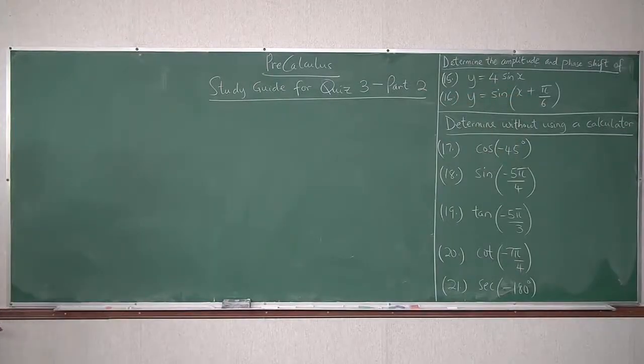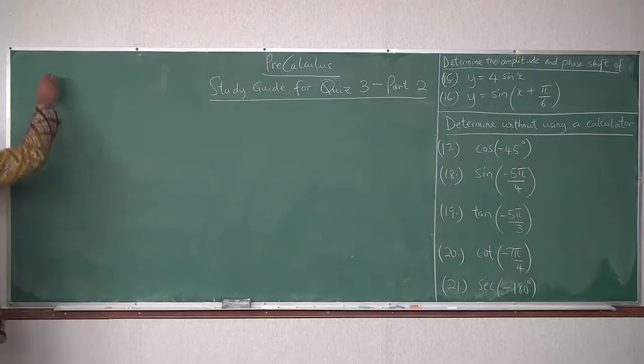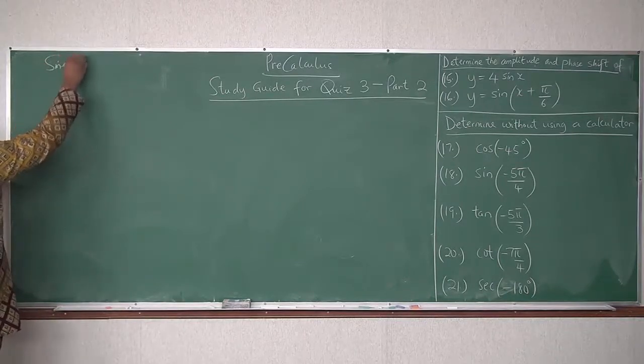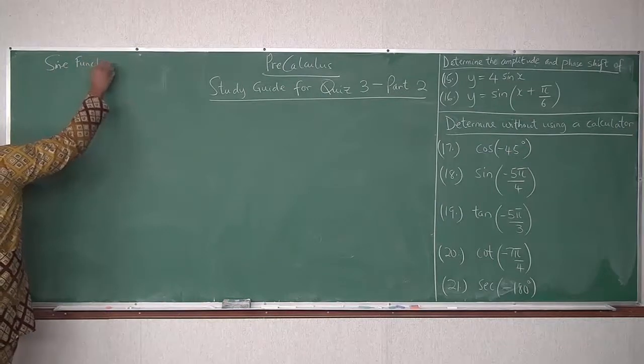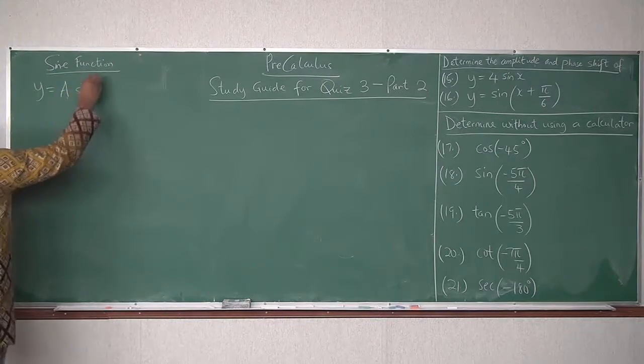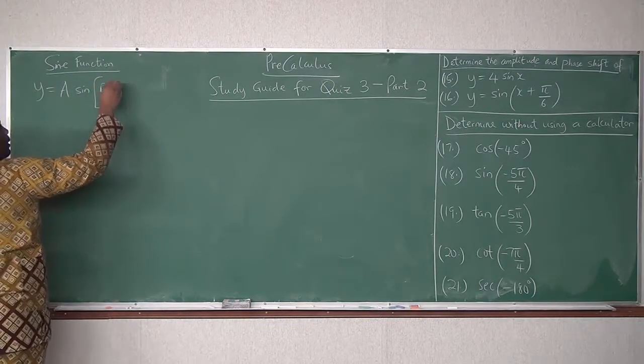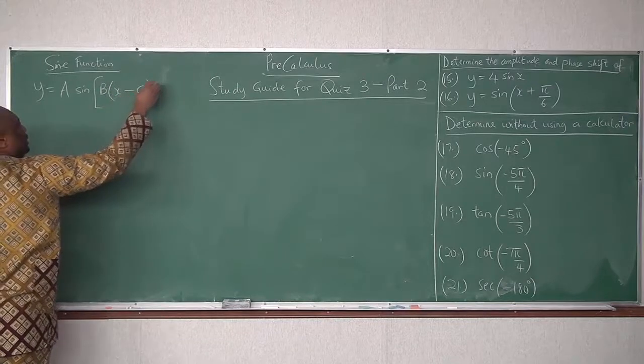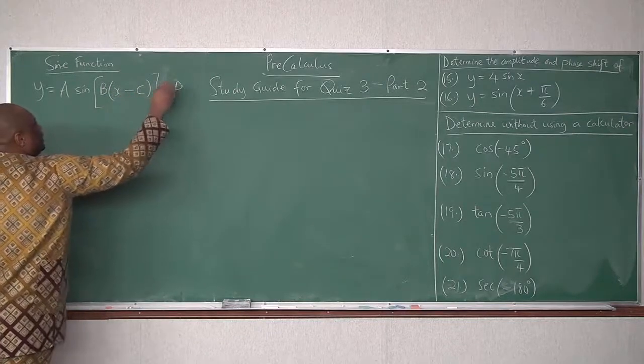All right, let's do question 15. Let's look at the general equation of a sine function and the general equation of a cosine function. For the sine function, we have that y is equal to a sine (bx minus c) plus d.